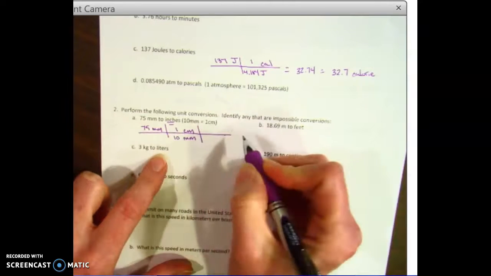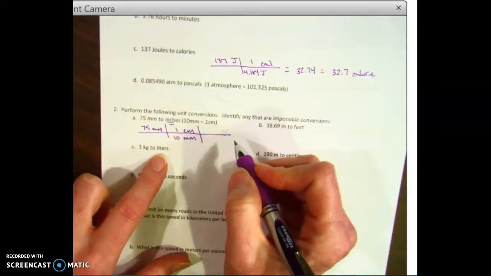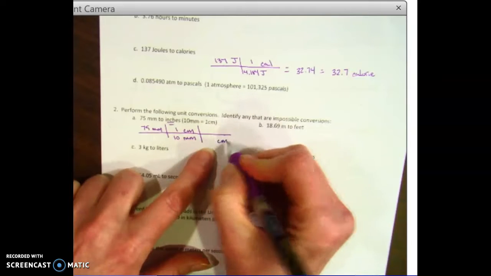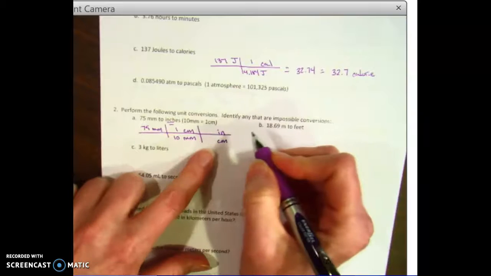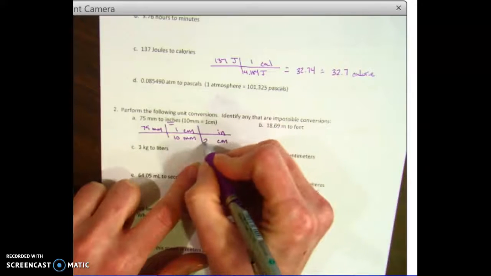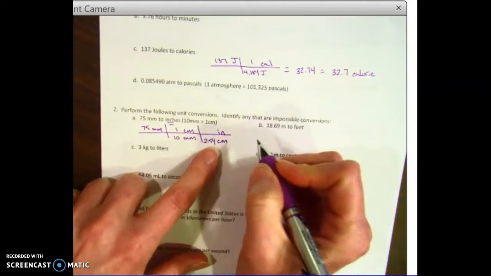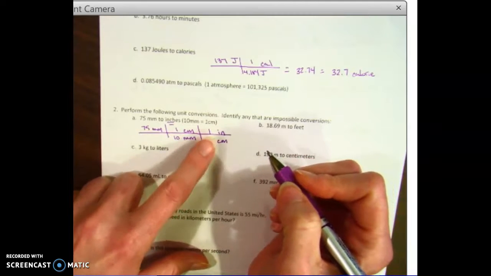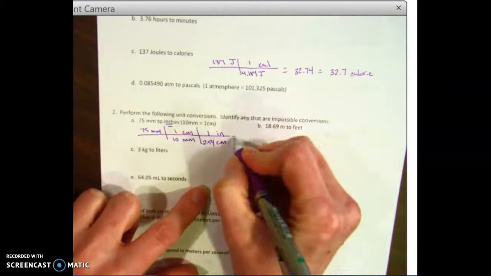Now, you can use the chart that I gave you earlier, and it has the conversion for centimeters directly to inches, which is what we're looking for. This is not one of those conversions you need to know. 2.54 centimeters per inch. You would be given that number if you needed it.